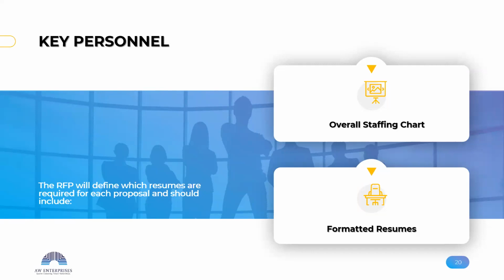The RFP will define which resumes are required for each proposal and should also include an overall staffing chart. Let me tell you a little bit about resumes when you submit. It's good to always have a format that your company follows that's uniform for all employees that you're going to put in that proposal.